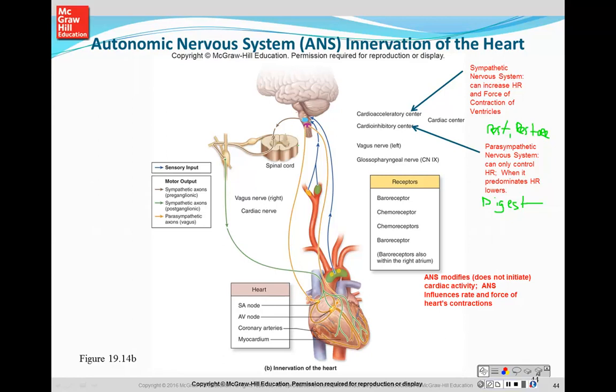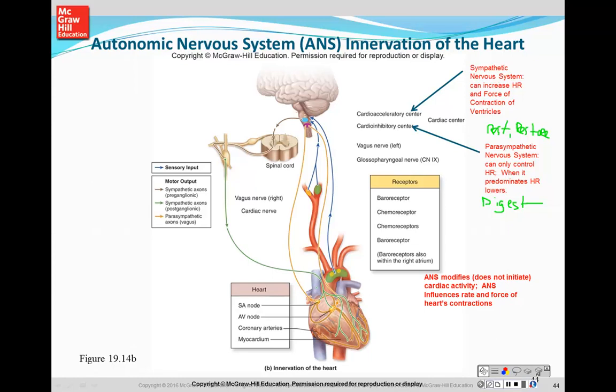So when the parasympathetic system predominates, which you can see is part of that cardiovascular control center in your brainstem, particularly the medulla, you have a cardioinhibitory center, and that's what the parasympathetic system we're talking about is involved with. And the parasympathetic system, you can see the neuronal wires, and they're in yellow, or I guess a goldish color, and I'm tracing them right now so you can kind of see that.